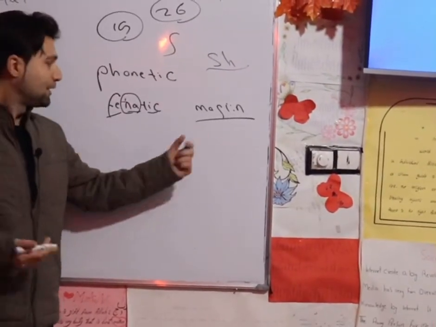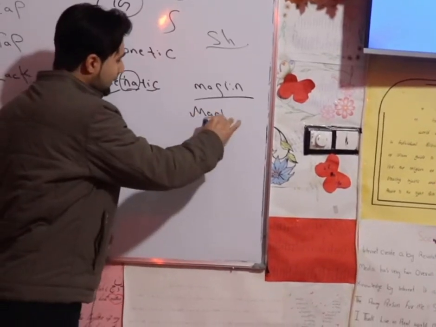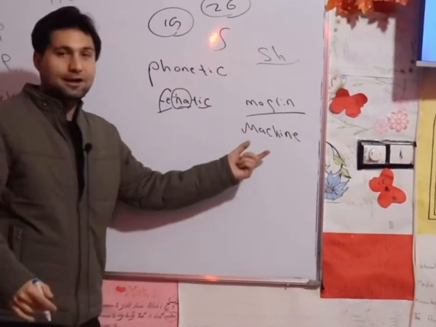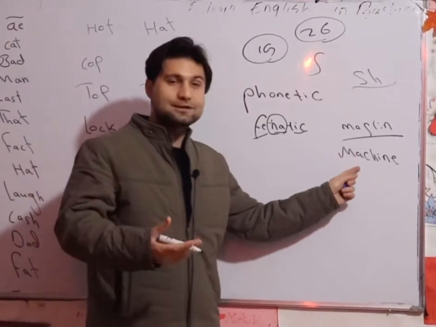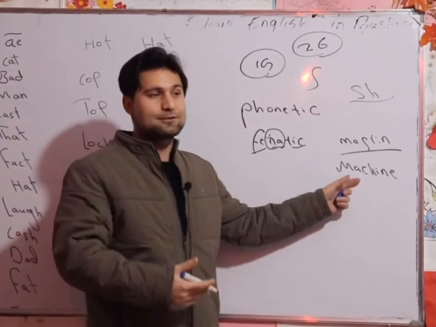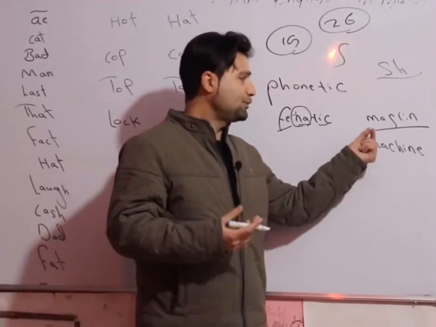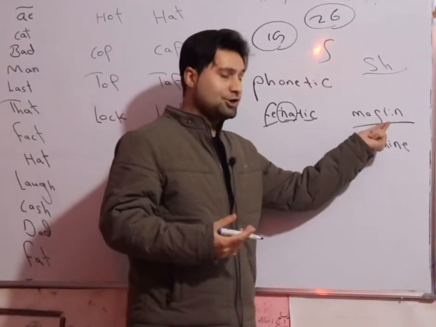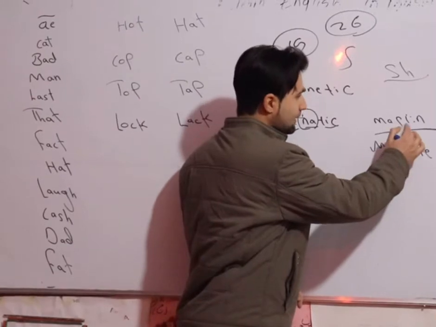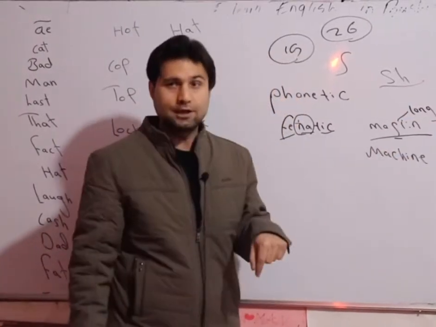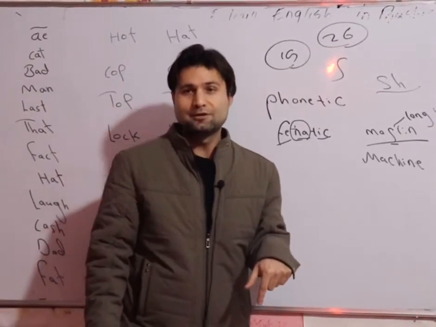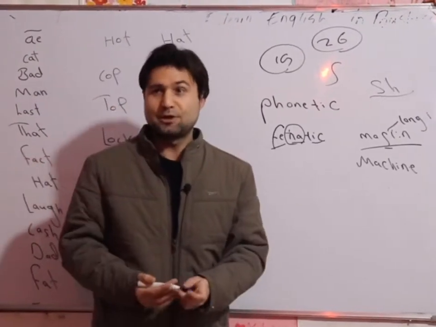Well done. If you look at this word, it seems like "mochini". But actually this is the writing of the word, and we should pronounce it like this: machine. It's sh. It's long ee. Machine.